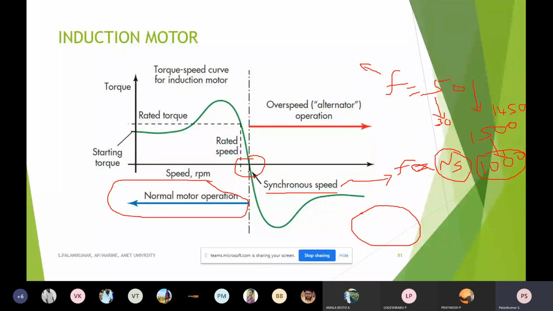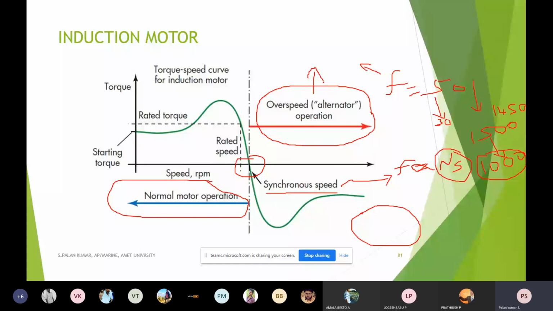Because the motor is at 1450 RPM, above the synchronous speed of 1000 RPM, it will not immediately come to 1000 RPM, but it will come down very quickly. Until it comes down, it is in alternator operation, called over speed, above synchronous speed. So in this speed region, my motor acts as a generator.